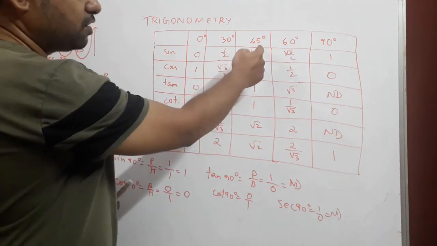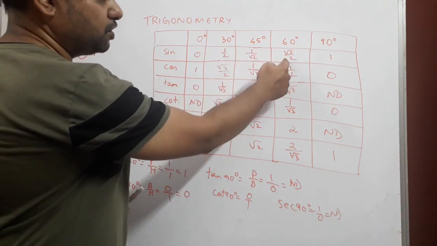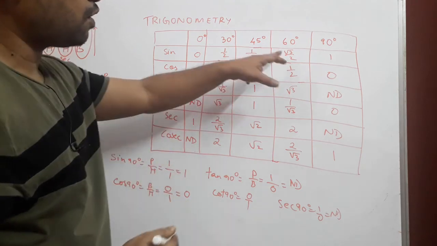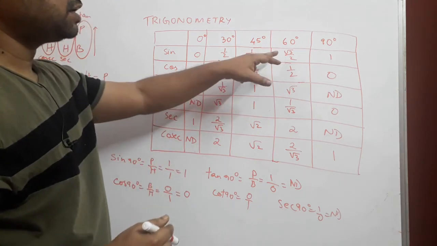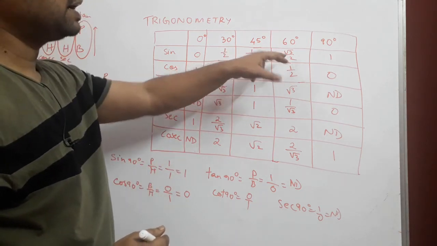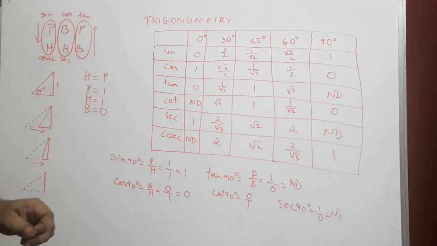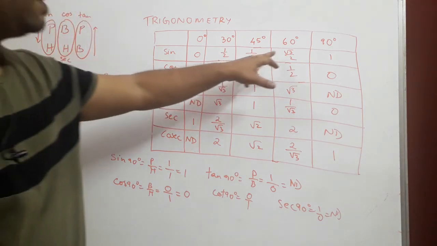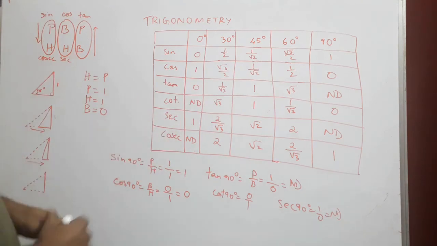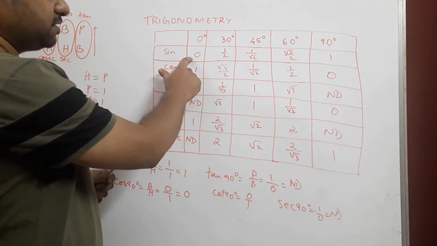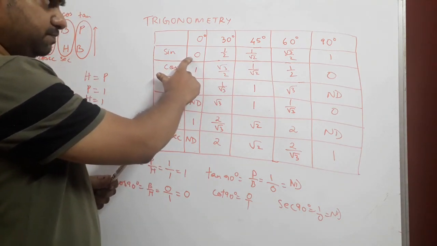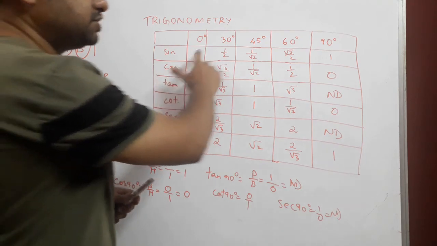Remember half, 1 upon root 2, root 3 upon 2. These are all values which, if you find out, are less than 1. Got it? These are all values which are less than 1. So the value of sine always ranges from 0 to 1.